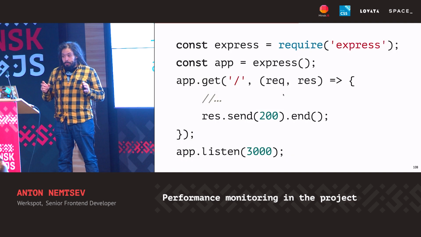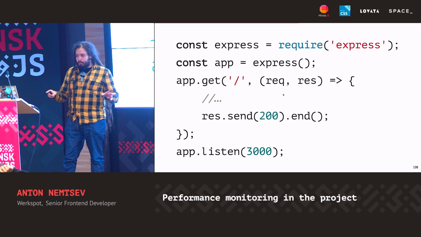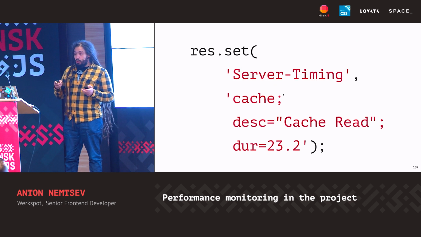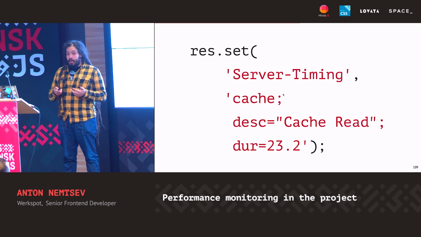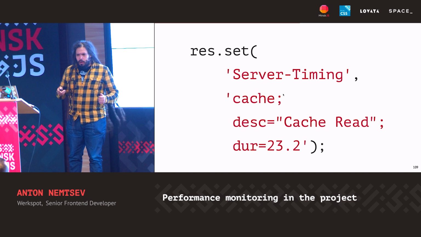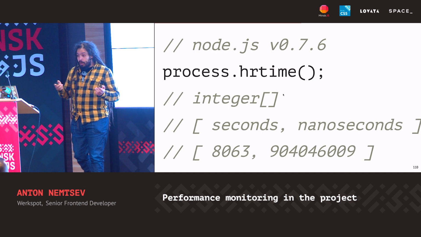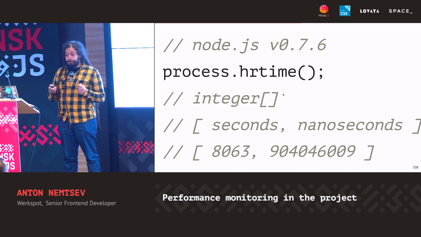Let's take an example. This is the simplest possible Express server. With the response object, we just send the header, and voila, there it is. But duration: how do we actually measure time between 2 points in our code? With high resolution timing.